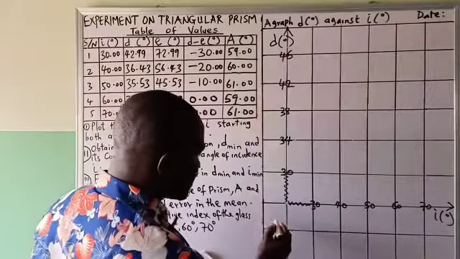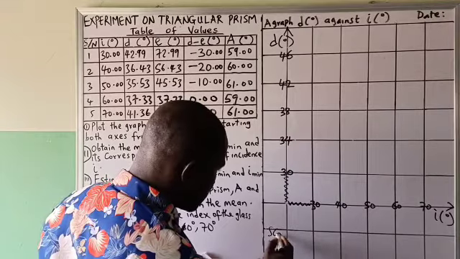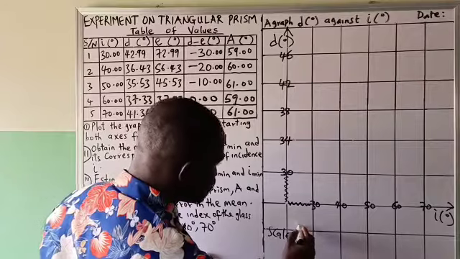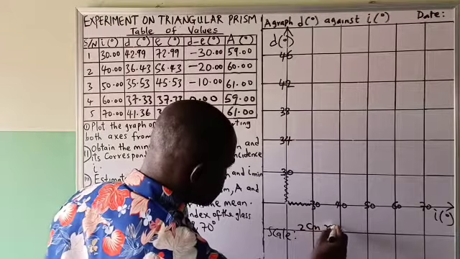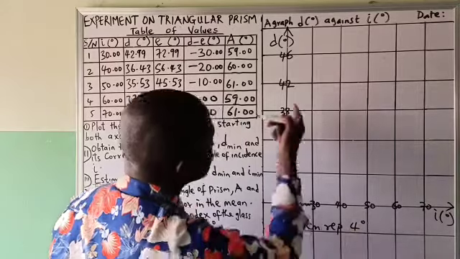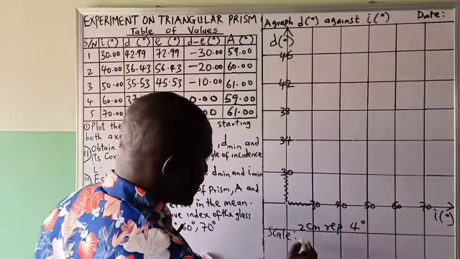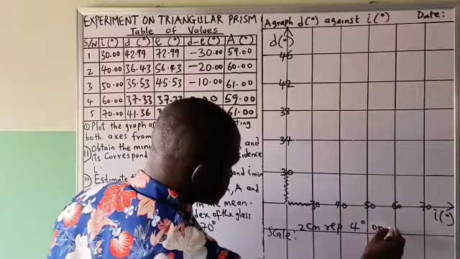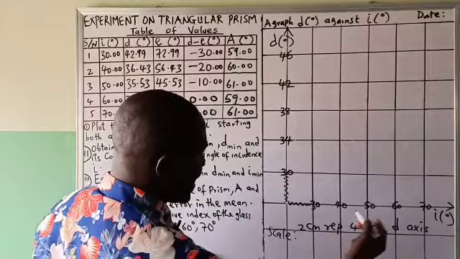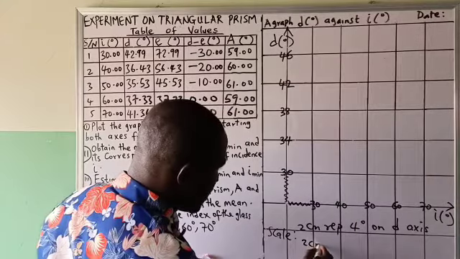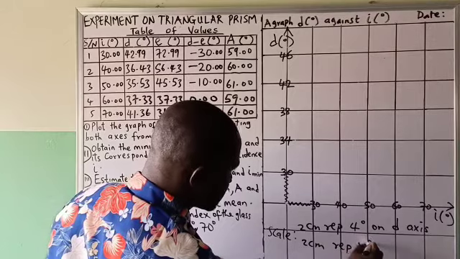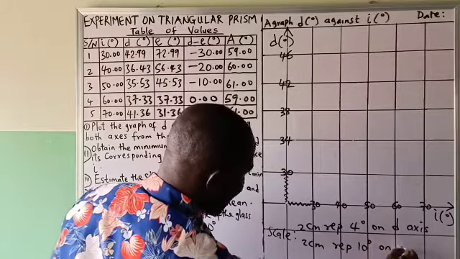on my scale on the D axis, I'll be having 2 cm to represent 4 degrees because it is in degrees. Then for the I axis, I will say 2 cm represents 10 degrees on the I axis.